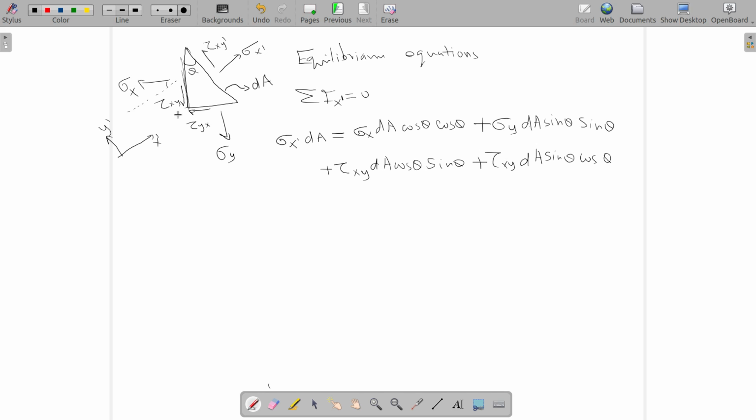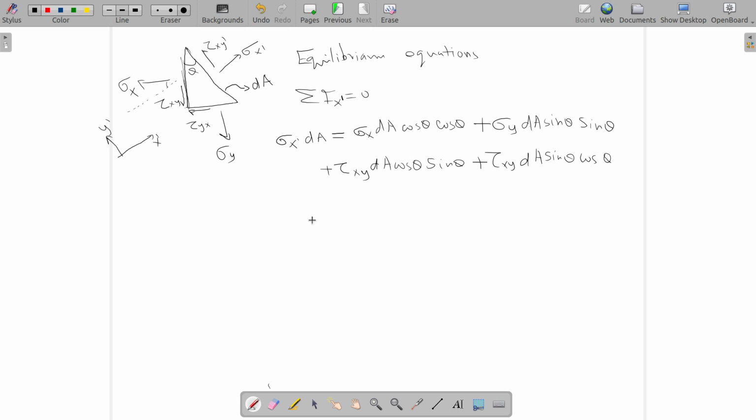For the other term also similar equations will come out. This other stress will be acting on the plane dA sin theta, so that is the corresponding area multiplied by cos theta. So this will be the whole equation.